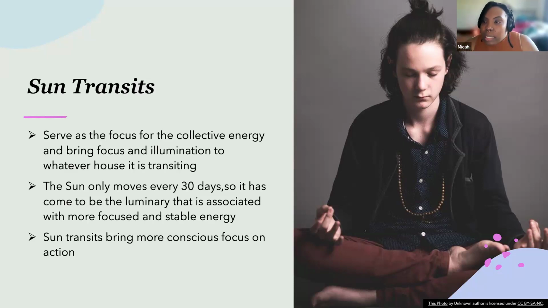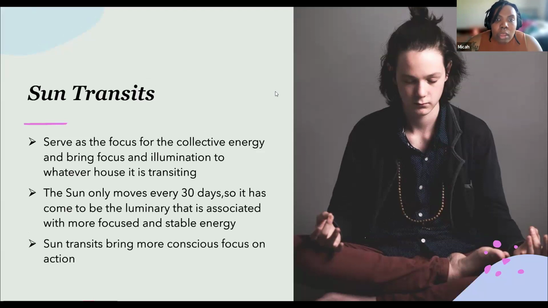The sun likes to be seen. We were talking about how the sun does well in the 10th house because it's at the highest point of the chart. It's not the only place that it does well, and obviously it's not the planetary joy of the sun, but the sun does pretty well in the 10th because it can be seen.